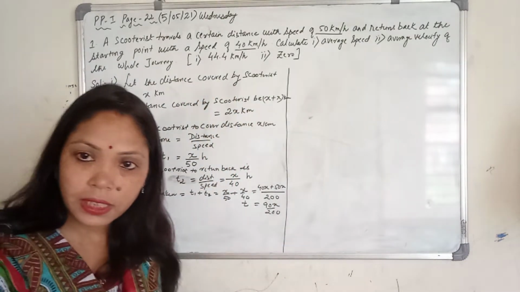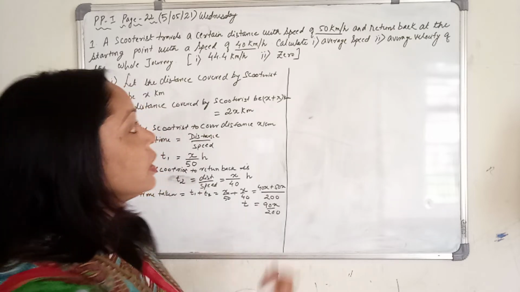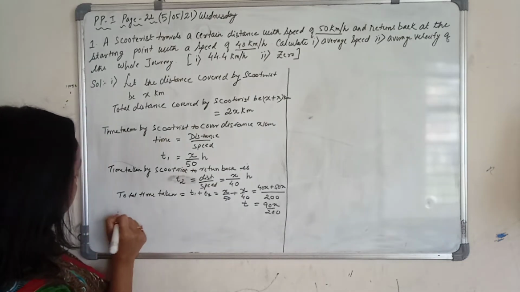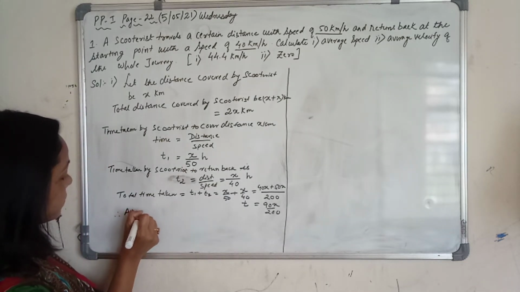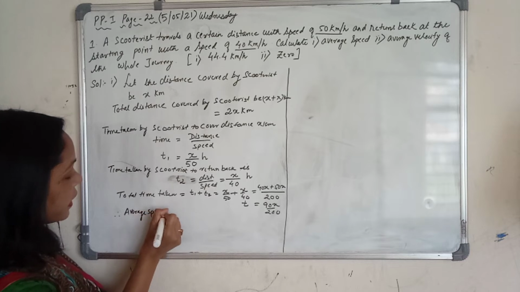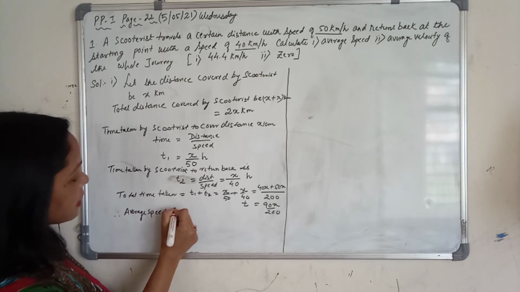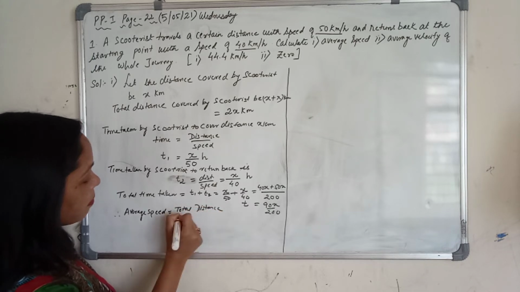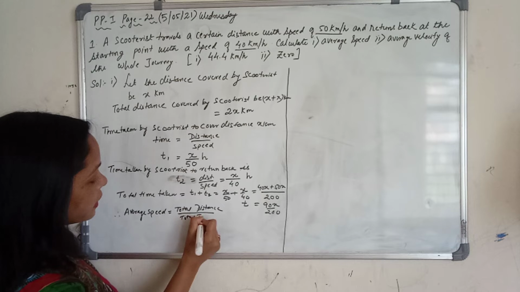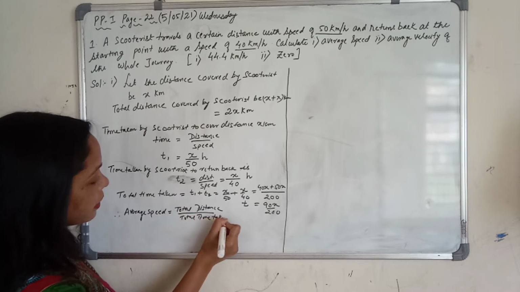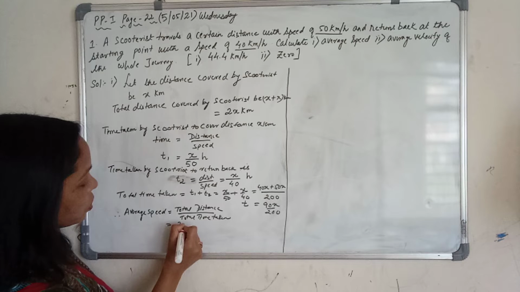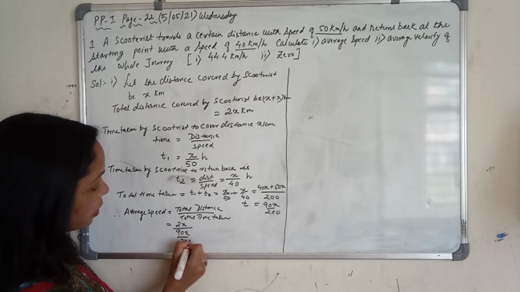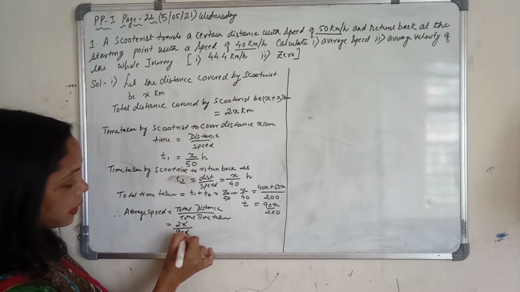Now we have the total distance and the total time taken, so we can easily find the average speed. Therefore, average speed is equal to total distance by total time taken. Just write down the formula first. The total distance is 2x, the total time taken is 90x by 200. Cancel this x with this x.